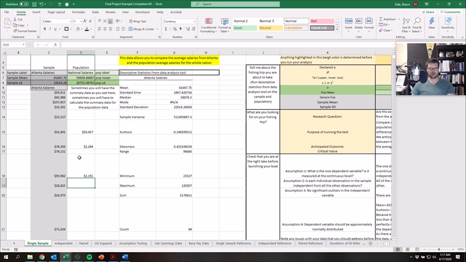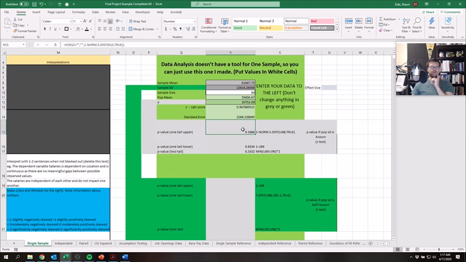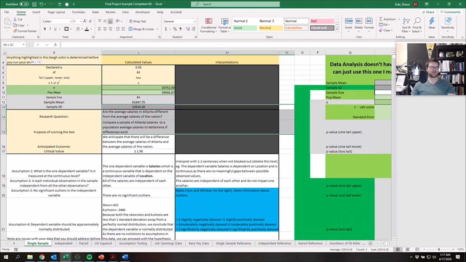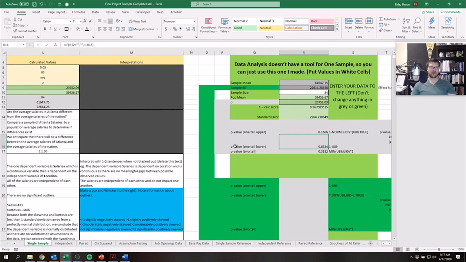Then equals 2,191 divided by the standard error. This is not supposed to be currency, so set it to general, and you're going to see this right here is the z-score. Or you can just come right over here and, bada bing bada boom, it is the exact same z-score. So we calculated the z-score by hand, the longhand, just to show you all.